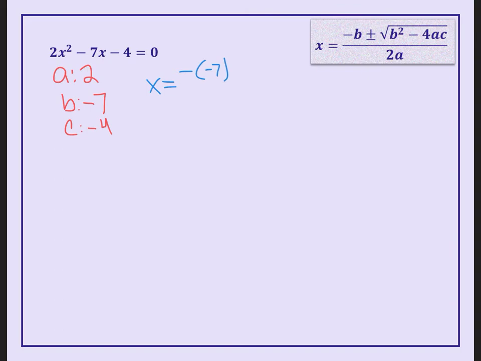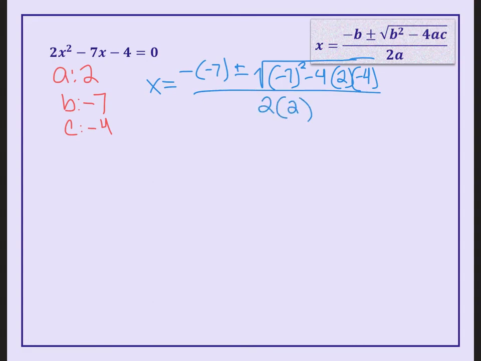So notice the parentheses, plus and minus the square root. -7 in parentheses squared minus 4 times 2 times -4, all divided by 2 times 2.